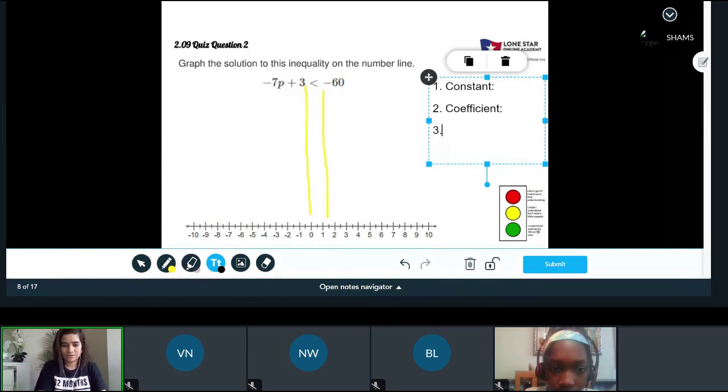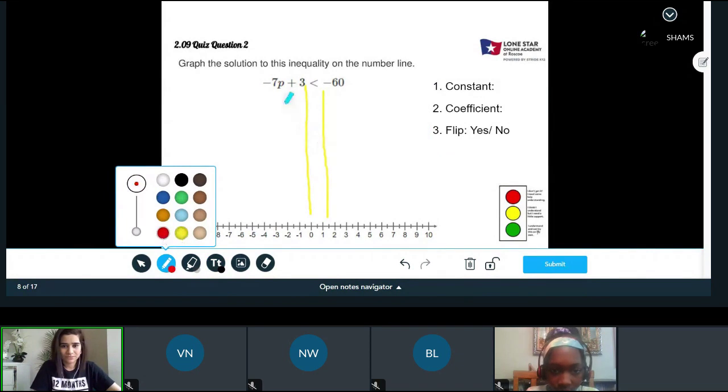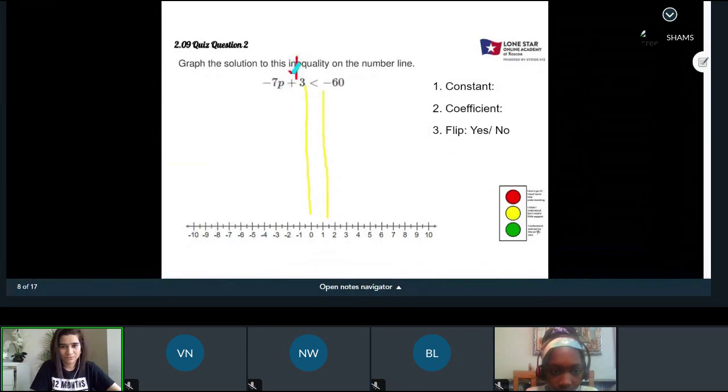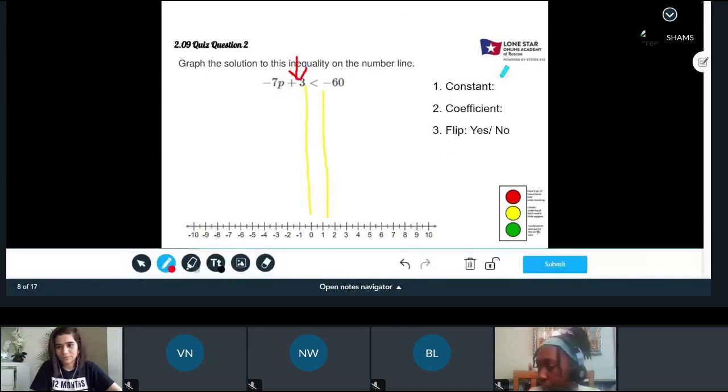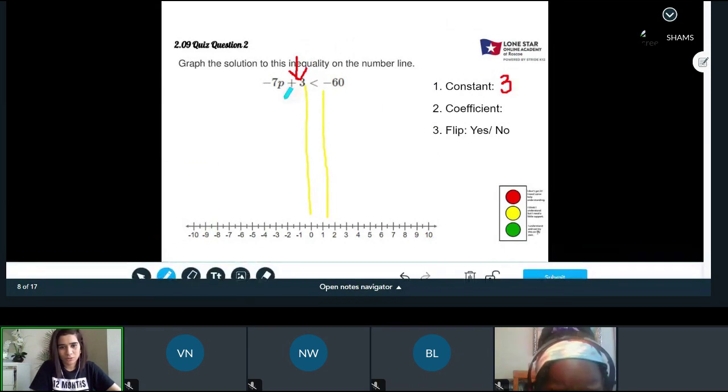Step 3, decide if we have to flip the inequality symbol or no. Let me see, Angelina, very good. Bella, very good, excellent. Ben, excellent. The 2, very good. So I'm going to go ahead, mark my constant. Constant here is a +3. To undo a +3, I will subtract 3 from both sides.